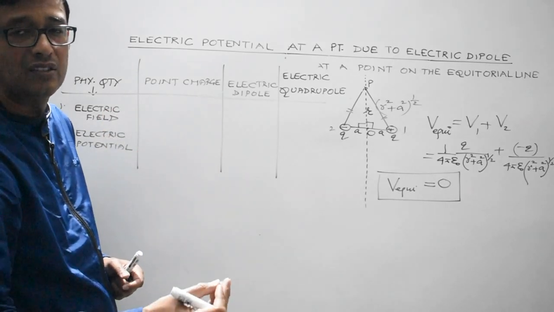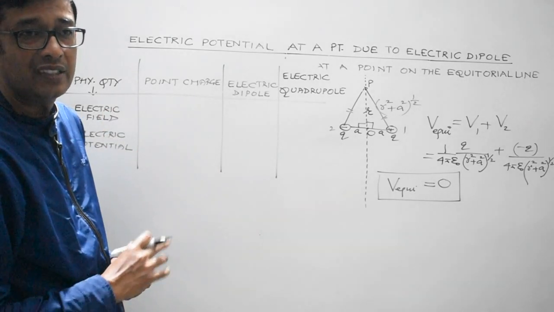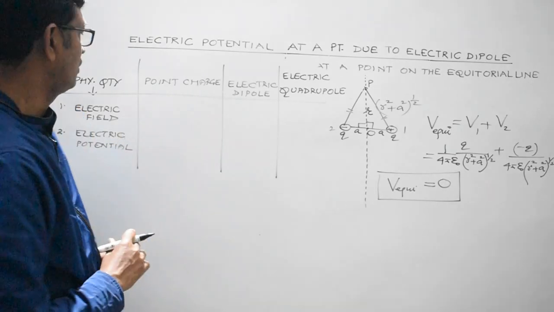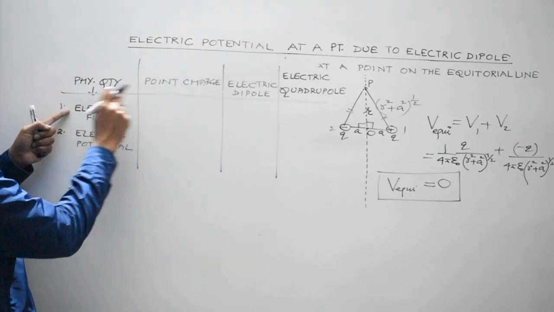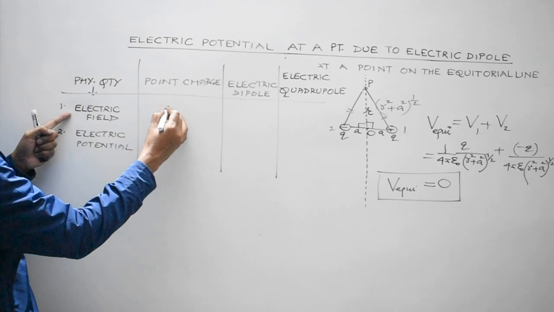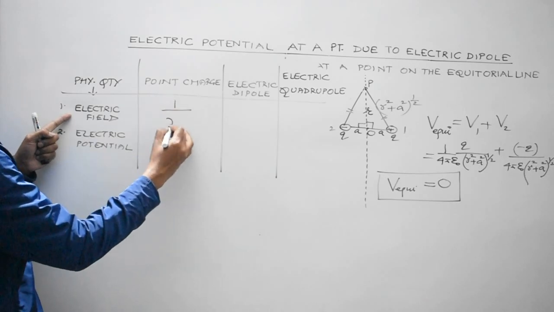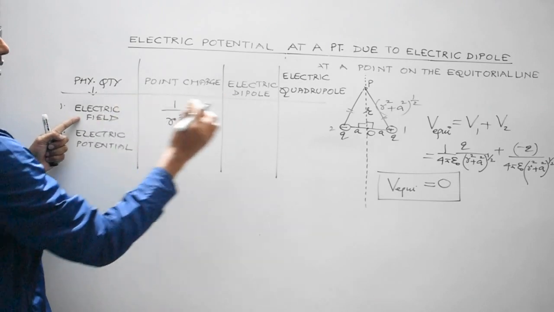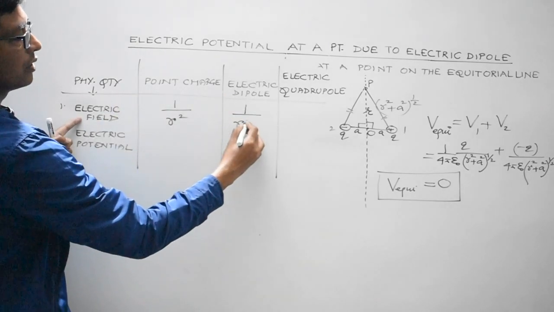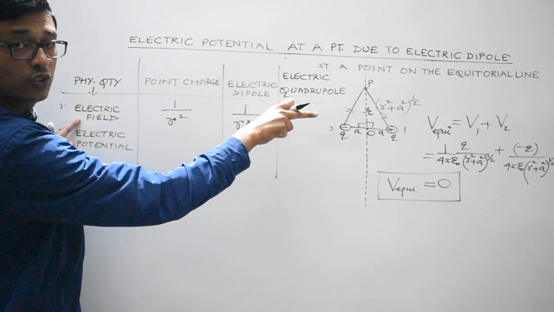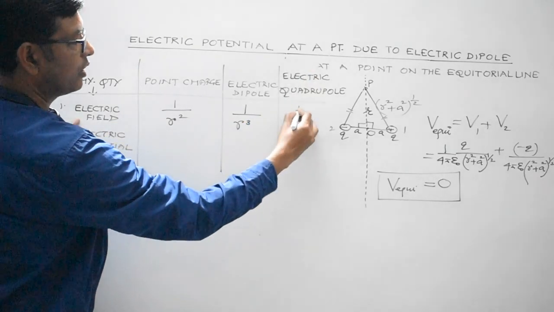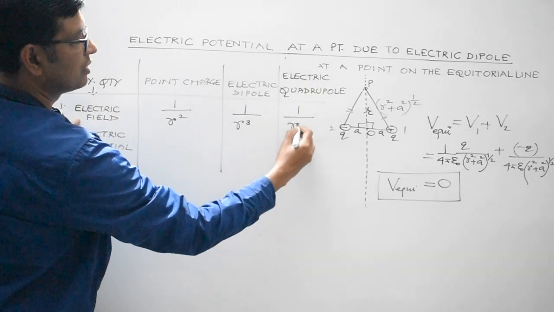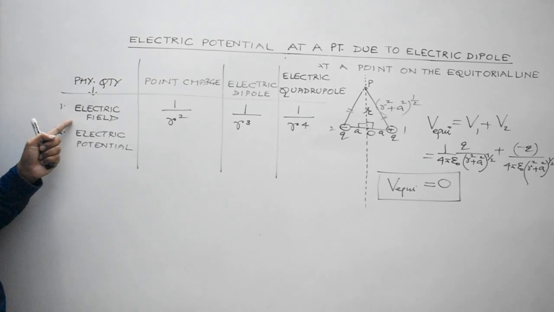Suppose r is the distance of the observation point from the center of the dipole or from the source charge. In case of a point charge, the electric field varies with distance as 1 by r square. In case of an electric dipole, the electric field varies as 1 by r cube. Following the pattern for an electric quadrupole, it will vary as 1 by r to the power 4.